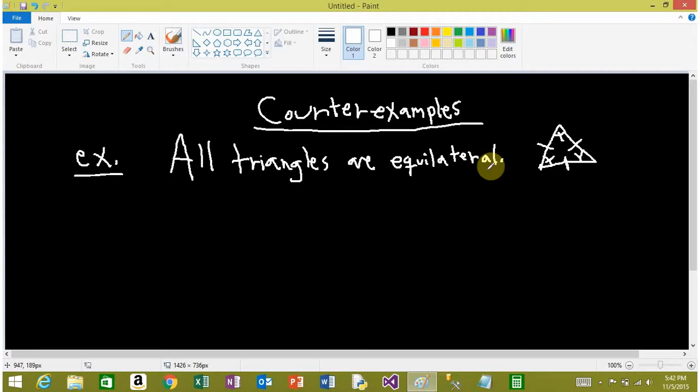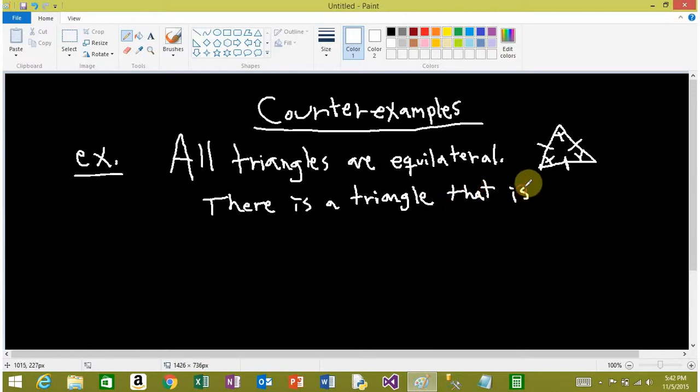And we could come up with an example to show why that's false. So the counterexample we could use is, you could say there is a triangle that is a right triangle or isosceles.